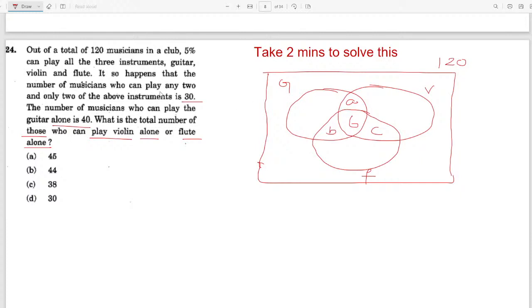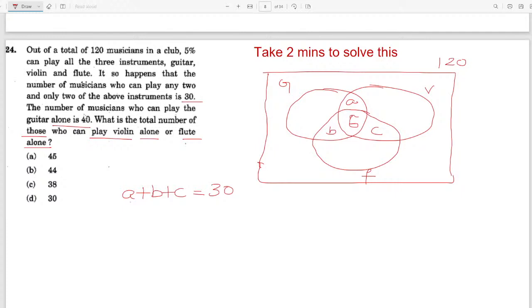So what they're saying is 30. So what they've given is A plus B plus C is equal to 30. And this is 6.